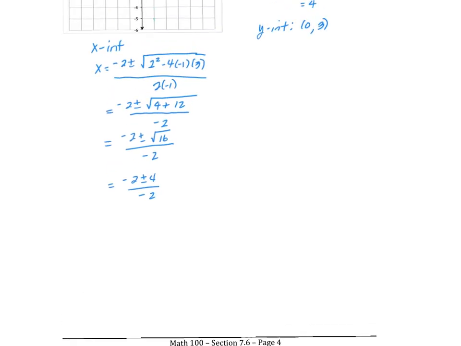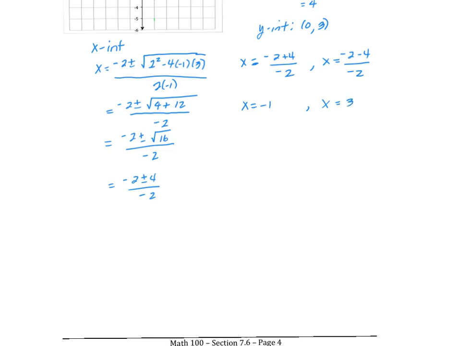So again, this gives me two values. The first value, x equal to negative 2 plus 4 over negative 2. And the other x value is equal to negative 2 minus 4 over negative 2. So I have x is equal to negative 1 and x is equal to a positive 3.